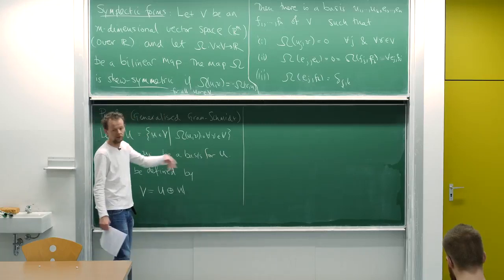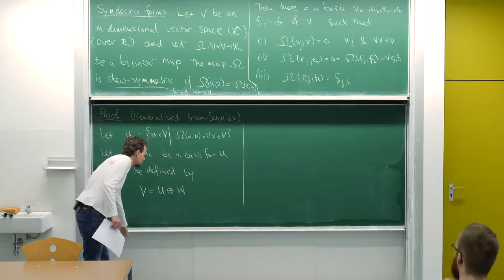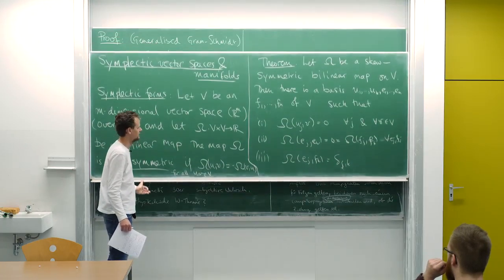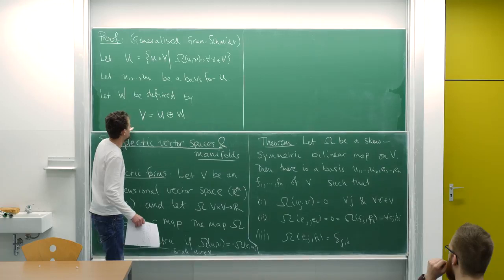And now we're going to begin the Gram-Schmidt type procedure on this vector space W.